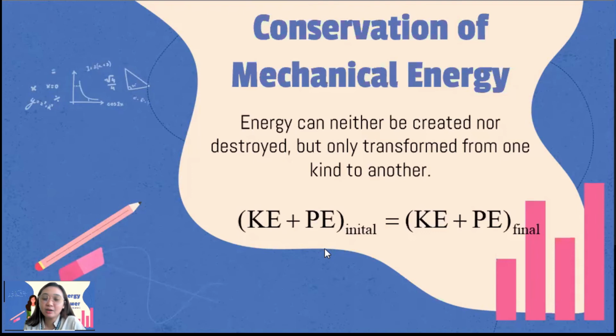So, given the equation to prove this law in kinematics, okay? Kasi meron tayong law of conservation of energy sa electrical energy, magnetic energy, pero for mechanical energy sa kinematics or sa mechanics, so KE plus PE initial is equal to the sum of the potential energy final and the kinetic energy final. Okay?